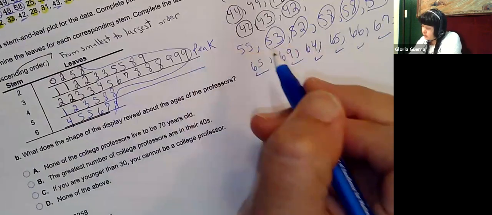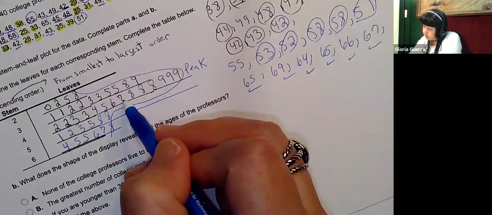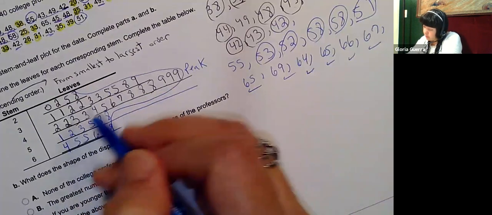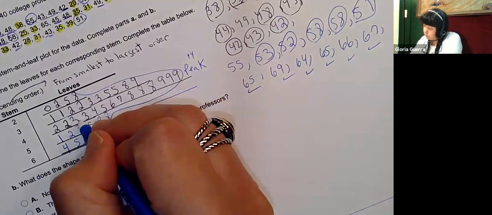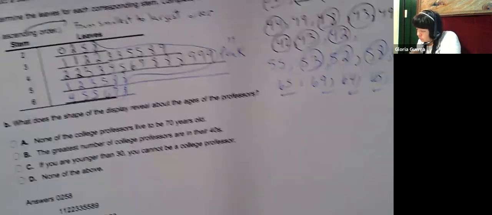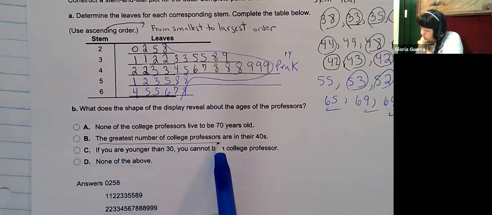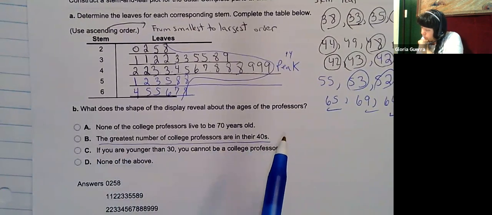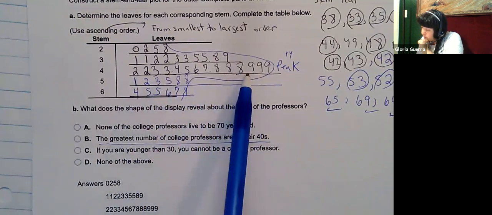It's the most data values. 1, 2, 3, 4, 5, 6, 7, 8, 9, 10, 11, 12, 13, 14. That's your peak, 14. And so in your choices, it says that the greatest number of college professors are in their 40s, because this is the one that had the most, their peak.